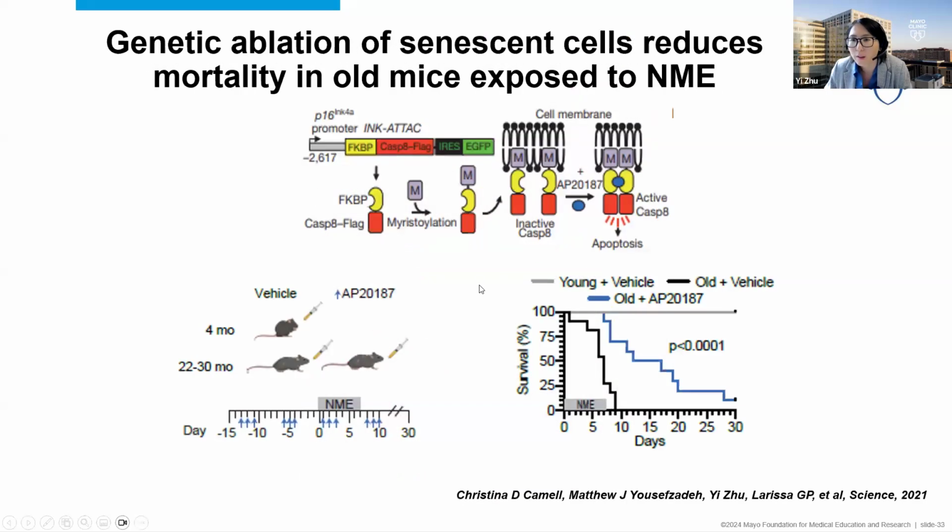To test the hypothesis, we first tested it in a proof-of-concept study. Again, in INK-ATTAC mice, we specifically induced apoptosis in p16-high senescent cells. After the treatment, we saw that after infection, survival was significantly improved compared to the vehicle-treated mice.